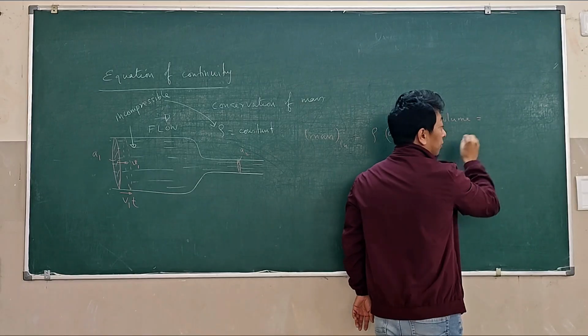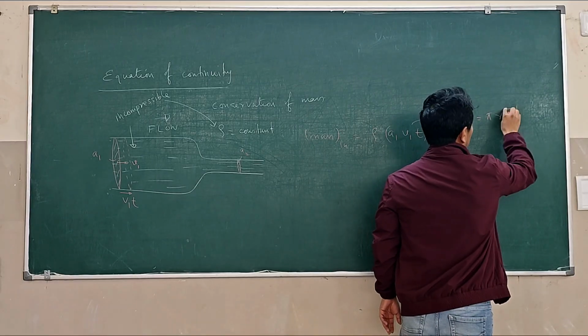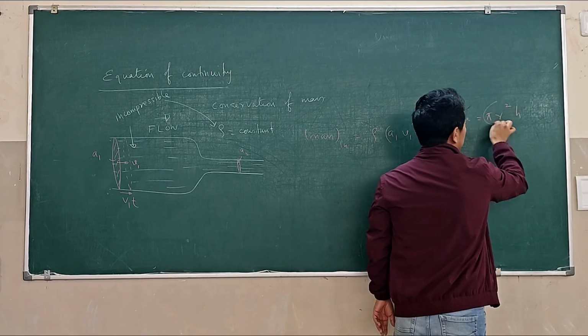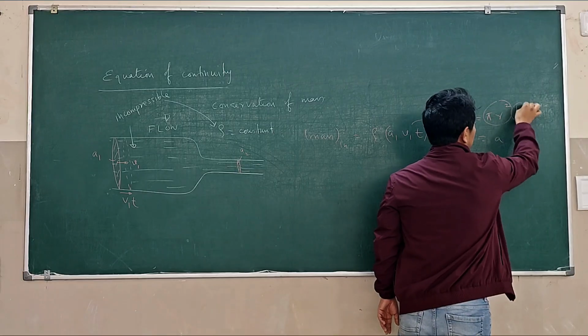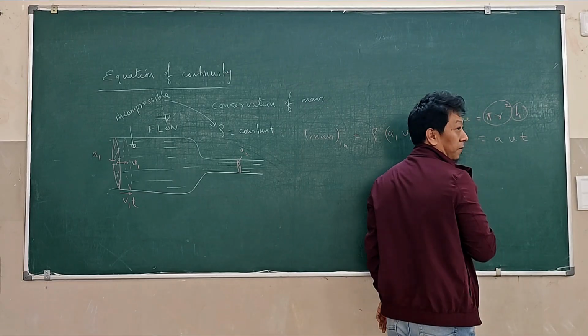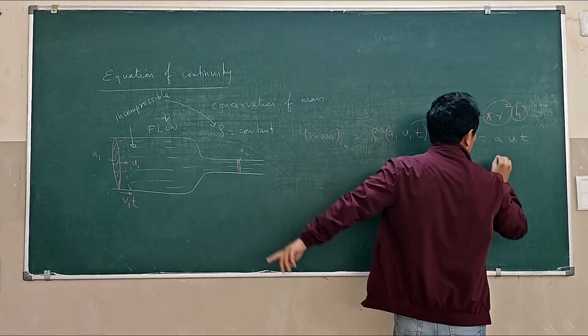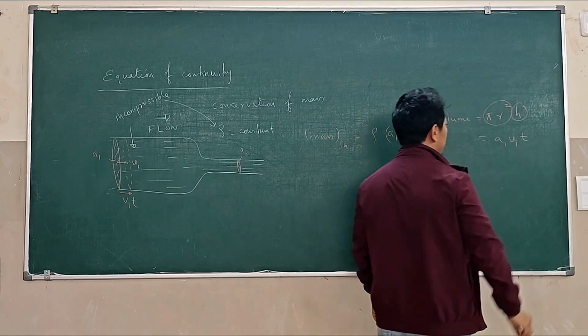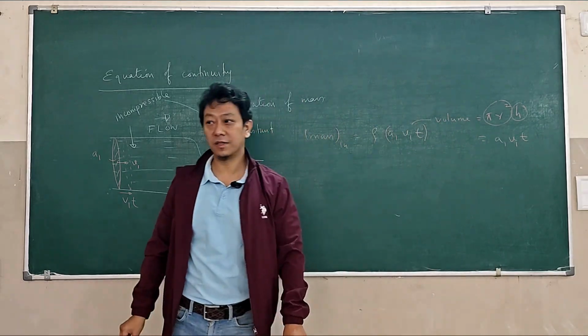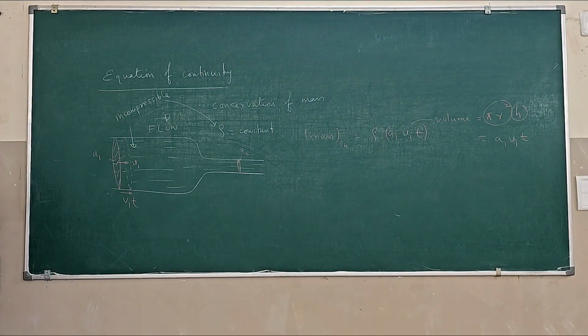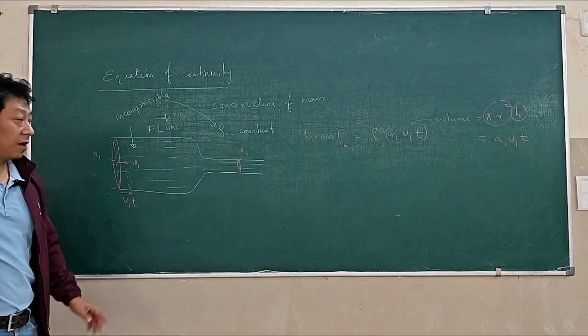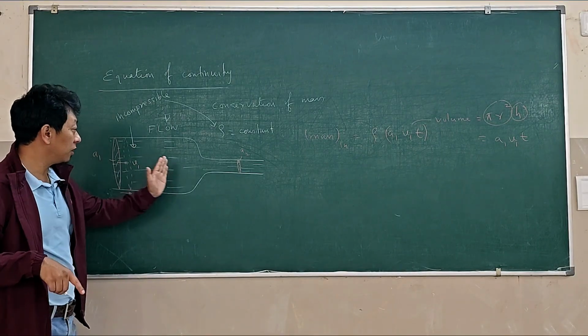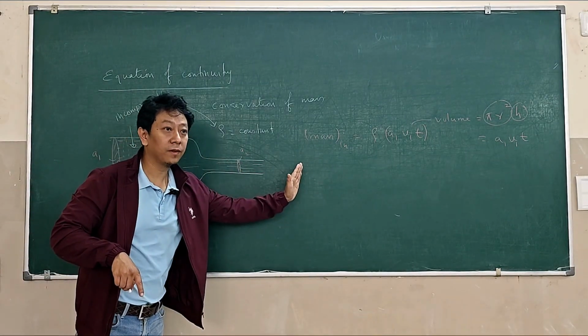Everybody clear? Volume is pi r square h for cylinder. This is area, this is distance covered v into t. There the area is A1, velocity is v1. That's why I wrote like this. Clear everyone? Okay.